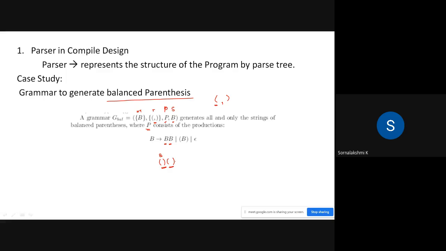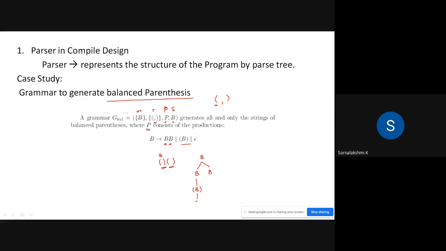Again, the parentheses are balanced. Why did I say I should substitute? In place of B, let us start with B. It can be substituted with B or a B. So in place of this B, again, I can substitute what?